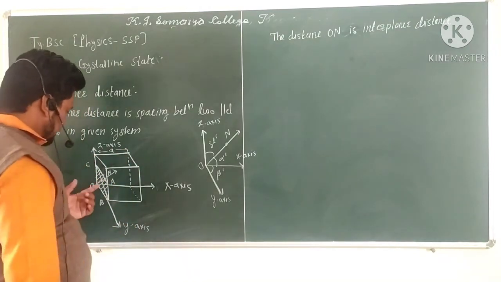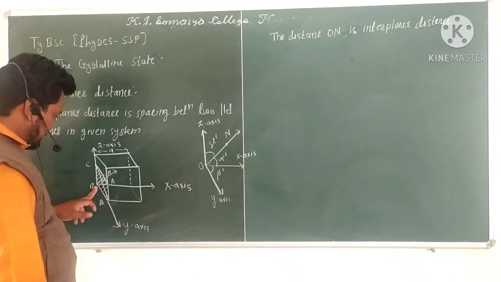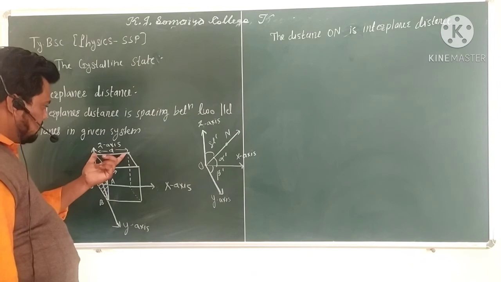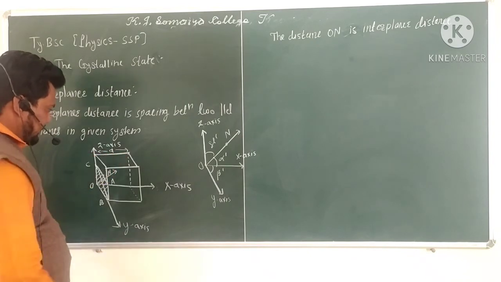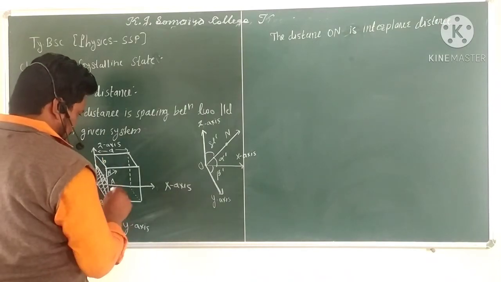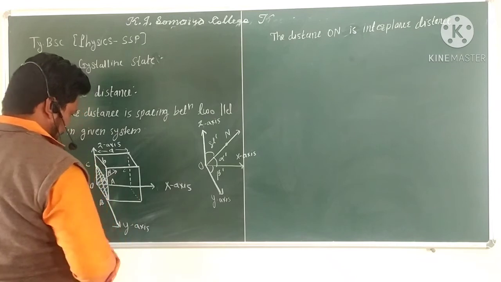This is the point O, the origin. This is considered the unit length of the unit cell, A, this is B, and for example this is C.